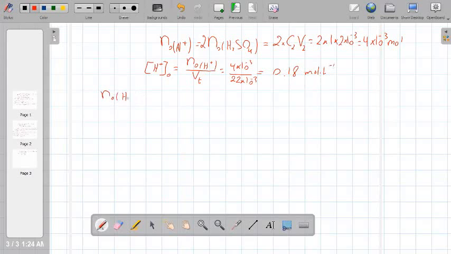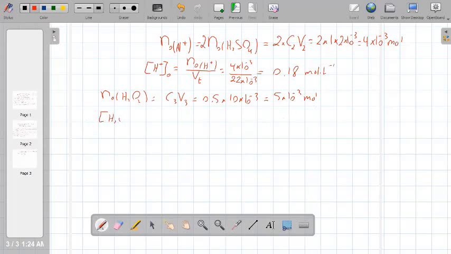Now, N0 of H2O2 equals C3 V3 equals 0.5 times 10 minus 3 times 10, equals 5 times 10 minus 3 mole.